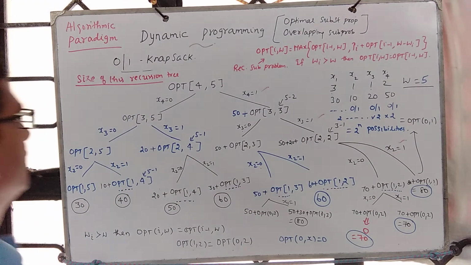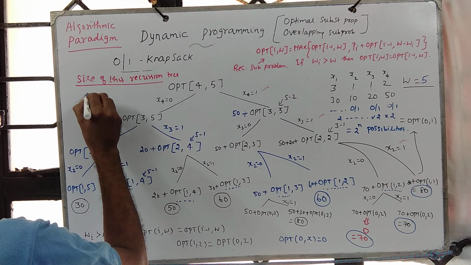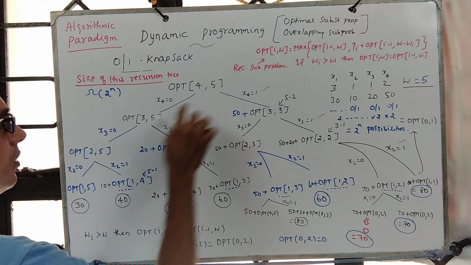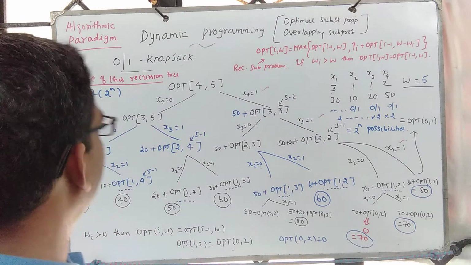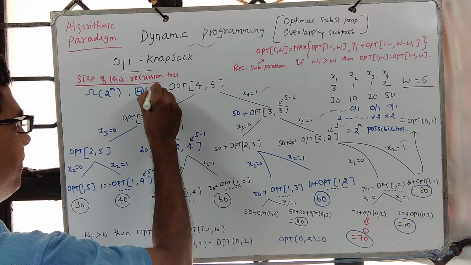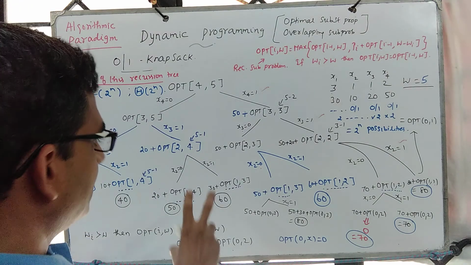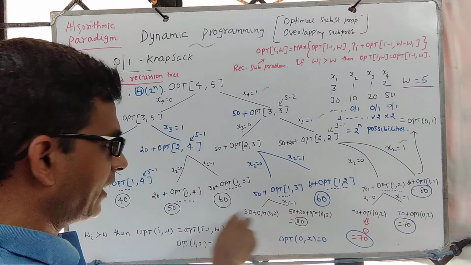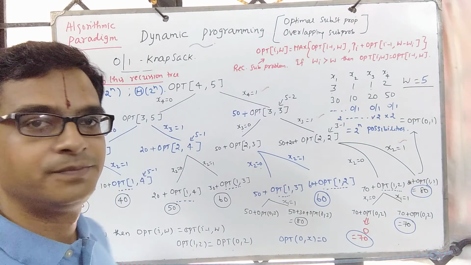So which means the simple recursive solution, or the size of this recursion tree, is at least 2 power n. So 2 power 0, 2 power 1, like that it goes. Last level you will have 2 power n, and we can also say it is theta of 2 power n. Fine. So which means a simple recursive solution not exploiting overlapping subproblems incurs exponential time.